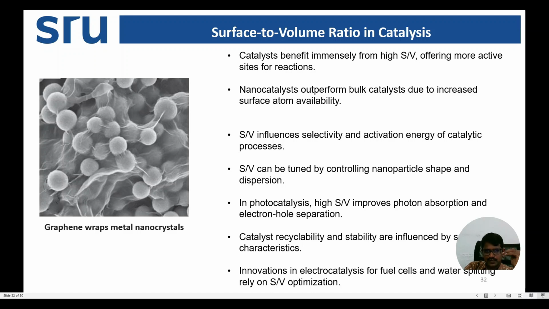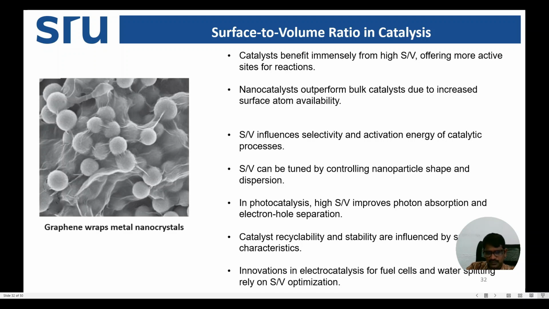Nano catalysts outperform bulk catalysts due to increased surface atom availability. That's what we have discussed. If you take a bulk catalyst, fewer atoms are available at the surface, so the participation is very less. But if you take a nano catalyst, the surface area is more, so more surface atoms are available, which means more active sites, more surface area, and more surface energy.